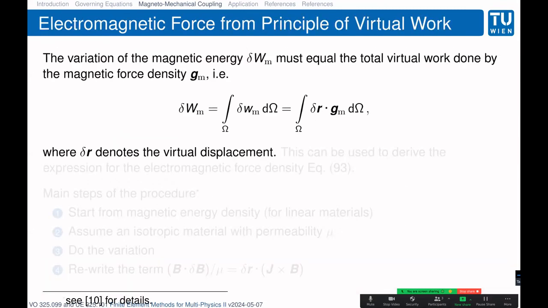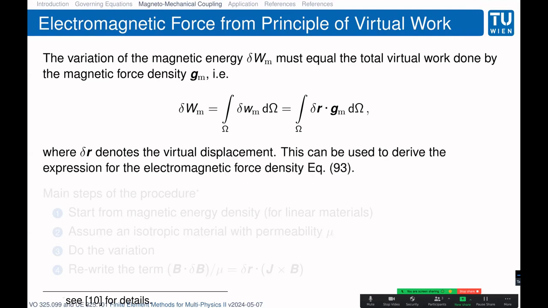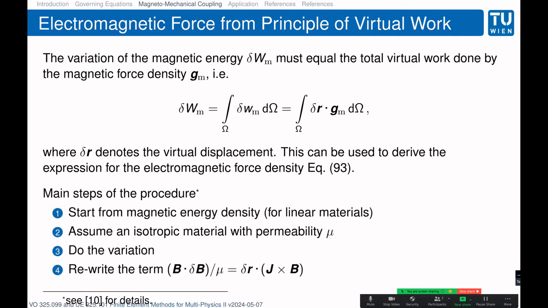Okay, before we can iterate, we have to compute magnetic forces. And one way to do this is to derive them via the principle of virtual work. So the idea is we have magnetic energy, and the variation of the magnetic energy needs to be equal to the total virtual work done by the magnetic forces. And by this you can derive the expression that I've given beforehand for the Lorentz force.